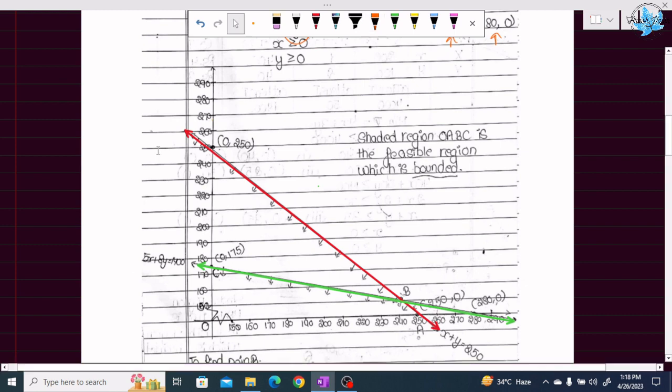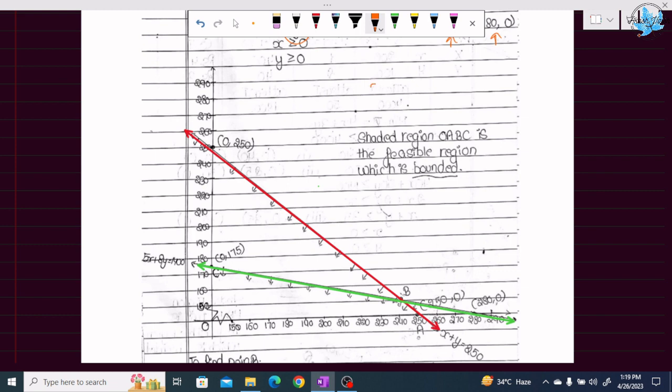Now we have to find which area we have to shade. The first equation given to you is x plus y is less than or equal to 250. You can see the red line. From the red line, if we come towards the origin, or the left-hand side of the line, we will get the origin.